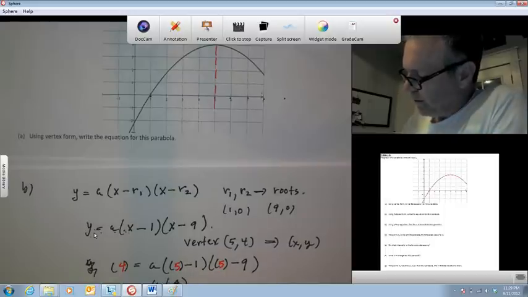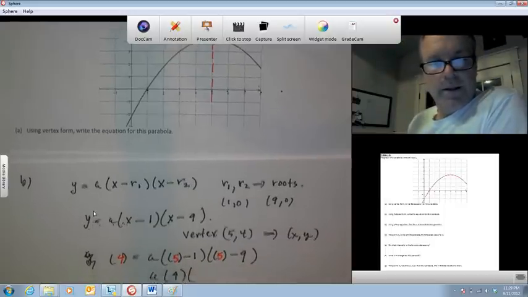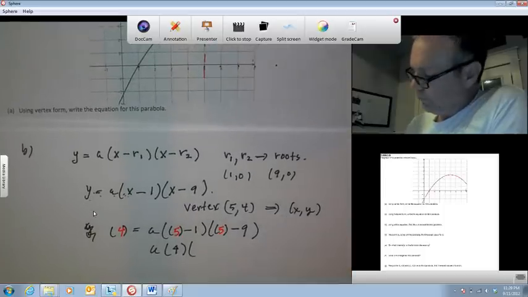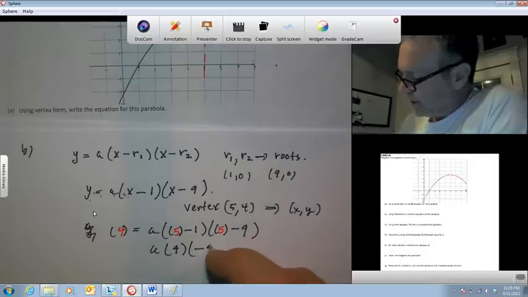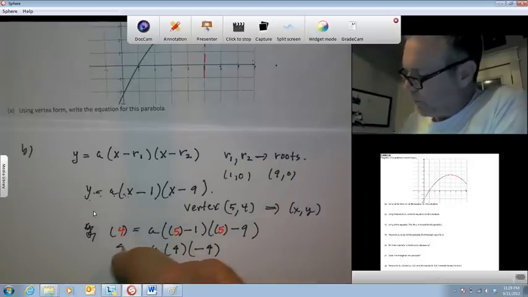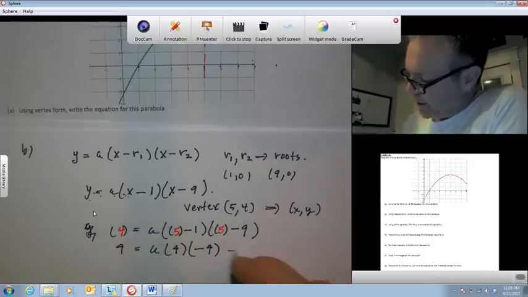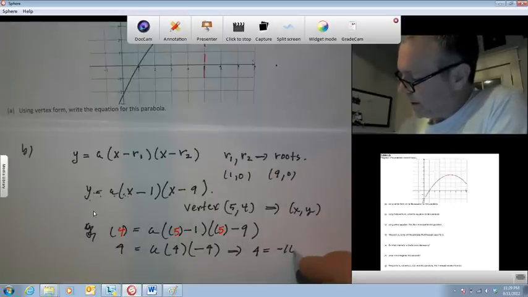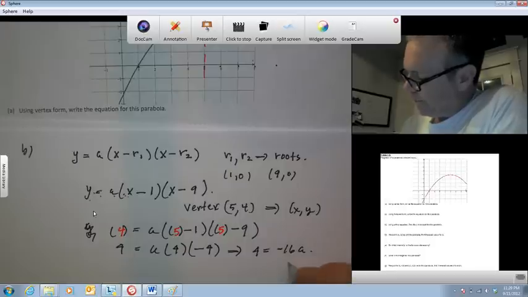This becomes a times 4 times -4, which is equal to the 4 on this side. This becomes a lot like the last problem: 4 = -16a.